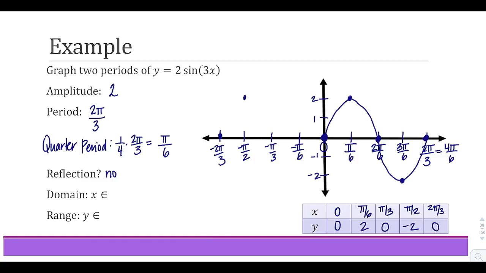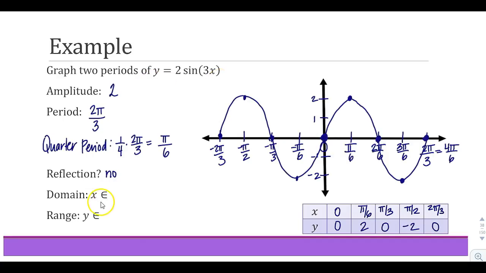And then complete my general wave shape. It should look exactly the same because it is periodic. So here is a second period of my given function.